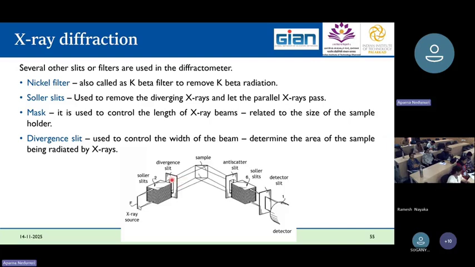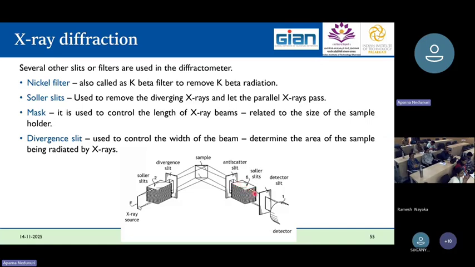The divergent slit will determine how much portion of the sample should be irradiated by the X-rays. So the width of the divergent slit is important for us to understand how much area of the sample we are irradiating. From the sample, we'll get diffracted X-rays. Those diffracted X-rays will again pass through an anti-scatter slit. This works similar to the divergent slit. Again, we'll have X-rays in all directions.